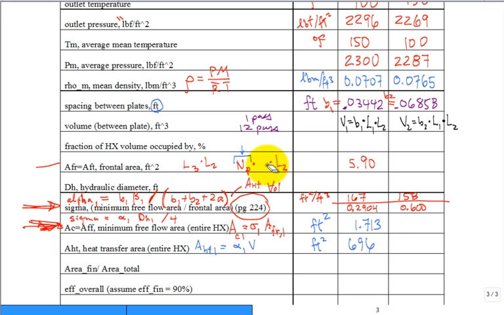If I do 12 times B1 times L2, that gives me the free flow, or close enough to the free flow. But no, this was L3 times L2, right? No, this is not right at all. Just forget that equation. The frontal area is L2 times L3 for the frontal area of 1.